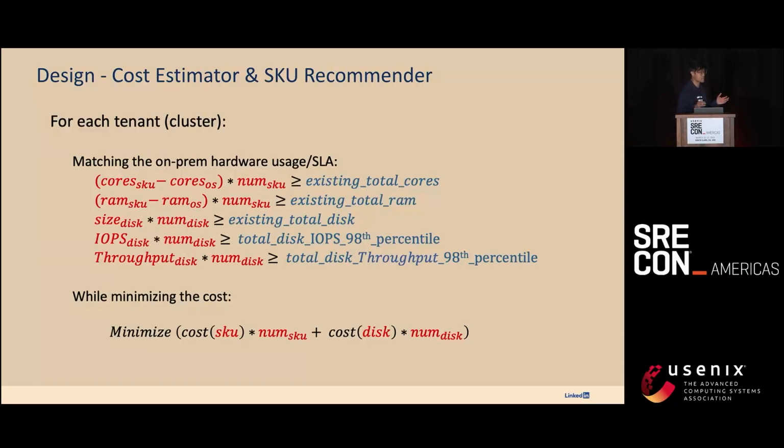Let's imagine you have a large list of SKUs, and each SKU has its own number of cores, its own RAM size, and you can attach some number of disks to it. Each disk has its own size, IOPS, and throughput. So these are the capacity for the hardware.